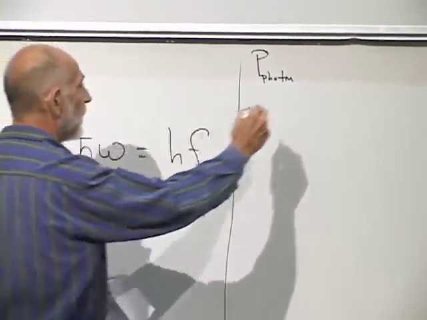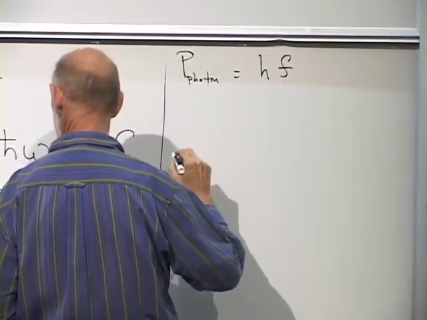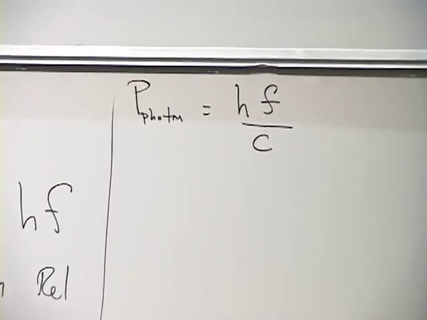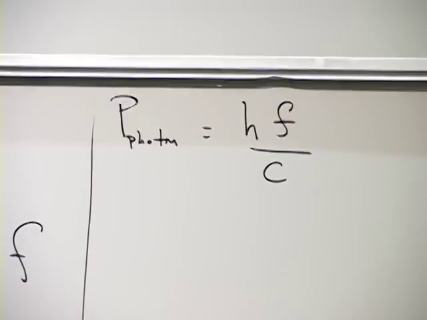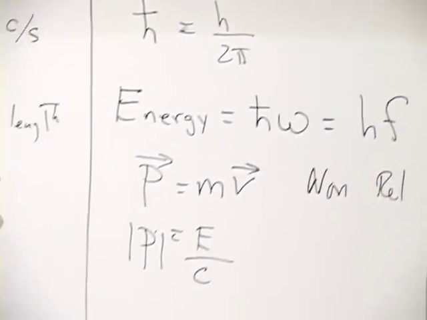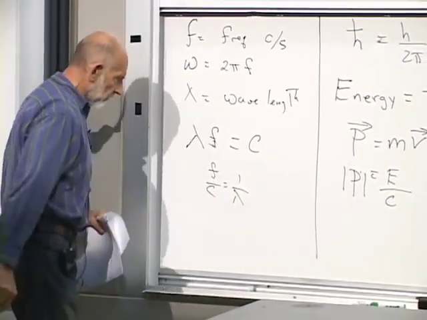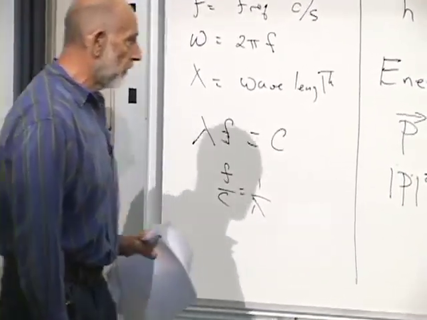Energy is h times frequency, divided by c. What's the frequency divided by c? It's one over the wavelength. Did I get that right? Yes. Frequency divided by c is 1 over lambda.